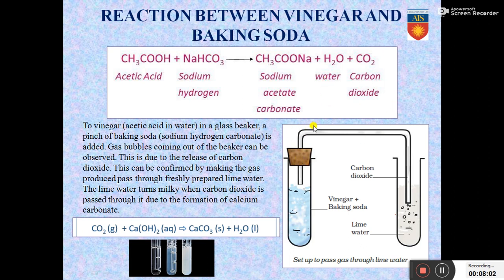Now let us go back to class 6 and remember we had learned about an activity where the lime water turned milky when you blew carbon dioxide gas in it. The same thing we will be seeing here. So in this one particular test tube, vinegar and baking soda is mixed and it is covered with a stopper so that the carbon dioxide does not exit and oxygen or carbon dioxide from the environment doesn't enter, so that we can only see that the gas produced in the test tube is being tested.